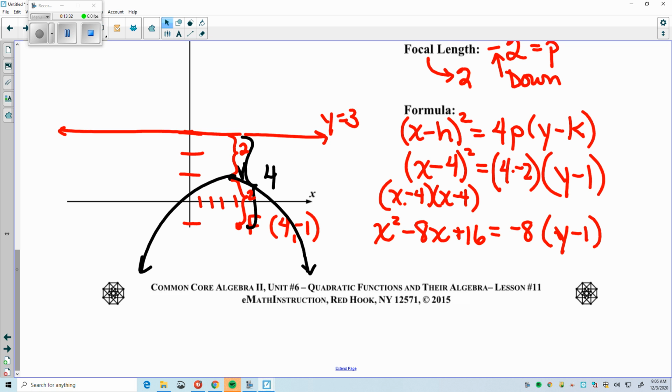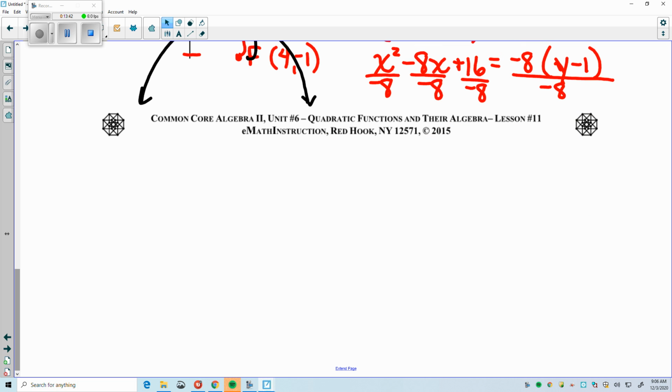Up to you how you want to do this. I'm going to divide through everything by -8, but now keep in mind, every term over here is divided by -8, and we have to watch our signs when simplifying. So this would give me -1/8 x squared. I have a negative divided by a negative, so that's a positive. 8 divided by 8 is 1x.